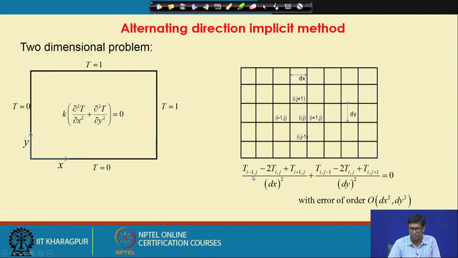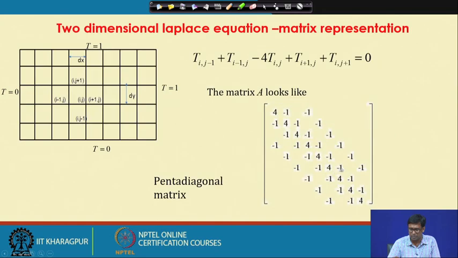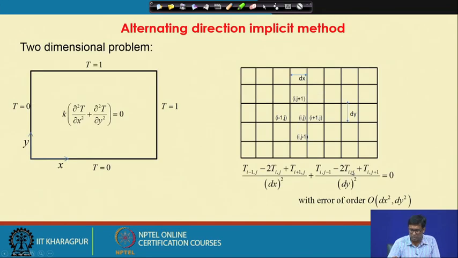So, it has T i minus 1 j, minus 2 T i j, T i plus 1 j by dx square, plus T i j minus 1, minus 2 T i j, T i j plus 1 by dy square, equal to 0. So, it is not of tridiagonal nature. If we try to look into the matrix, we can look into the matrix actually.